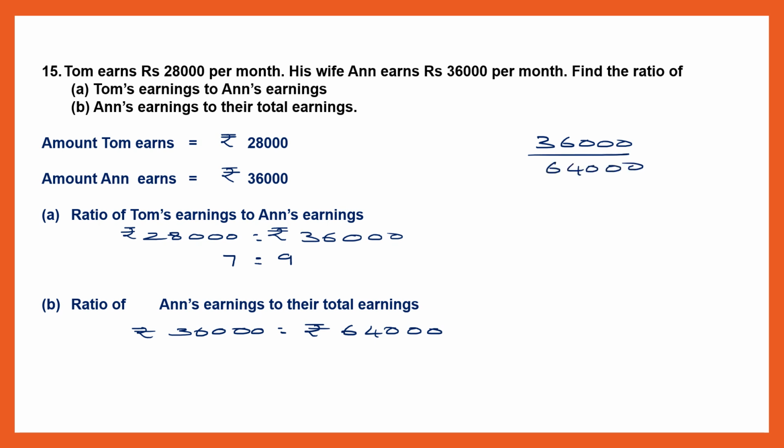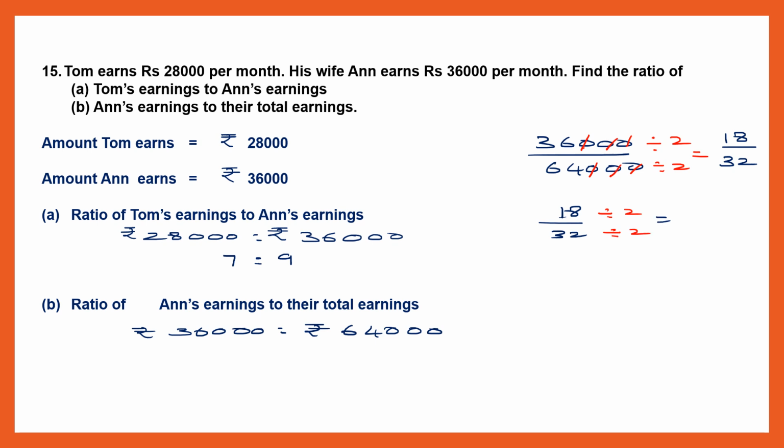Here we can cancel the zeros. There are 3 zeros, 1, 2, 3. Cancel 1, 2, 3 here. Now divide both by 2. So what do we get? Here we get 18. 2 into 18 is 36 and 2 into 32 is 64. So we have 18 by 32. We can again divide this by 2.